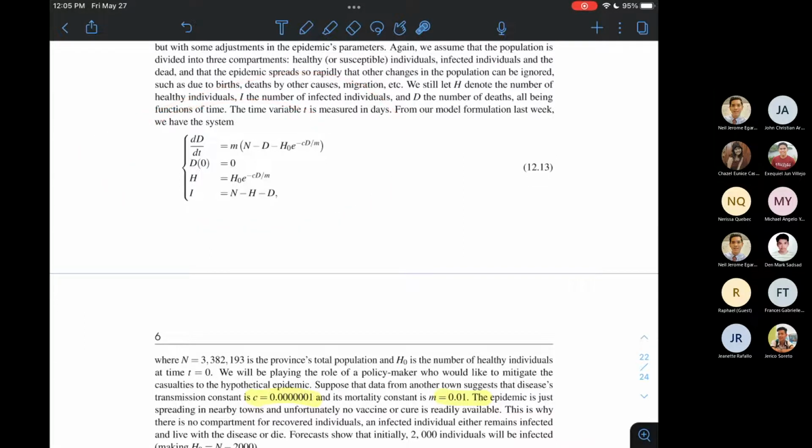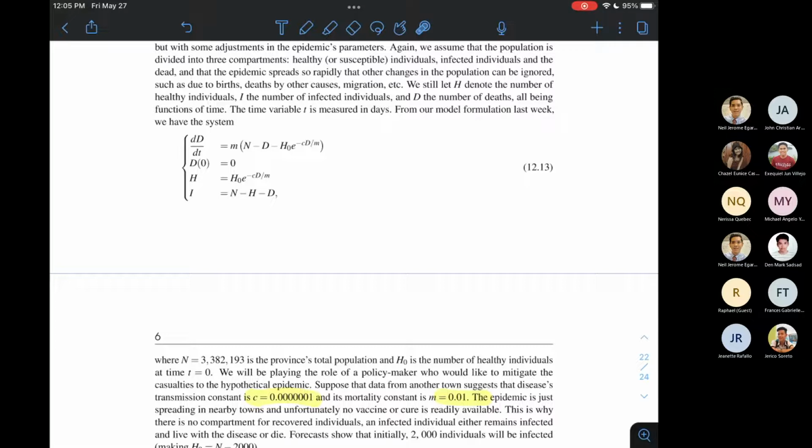And this model is quite limited because again, we are just considering 3 compartments: healthy, infected, and dead. Tapos ang assumption natin kapag ikaw ay infected, there's only one way to get out of the infected class. Yun ay kung you will succumb to the disease. So kaya medyo limitado yung ating model.